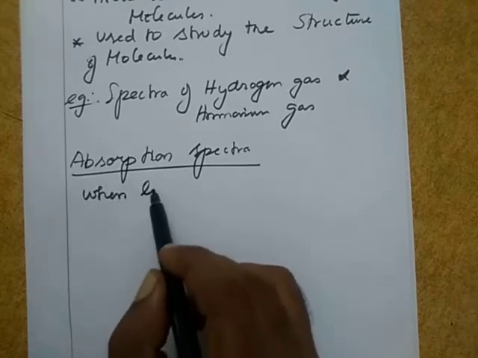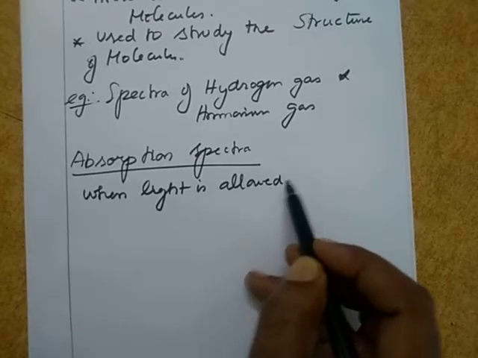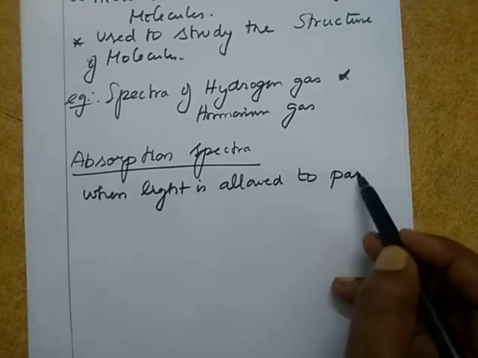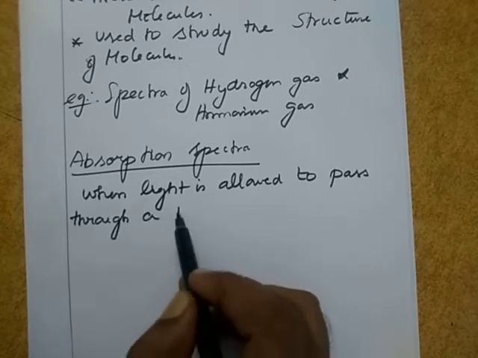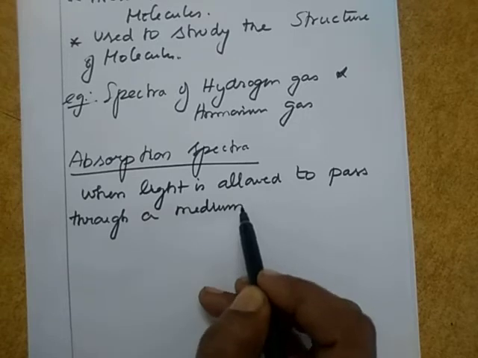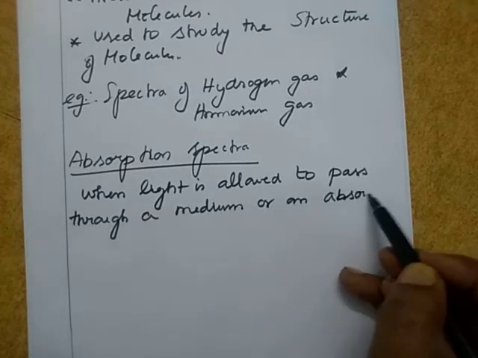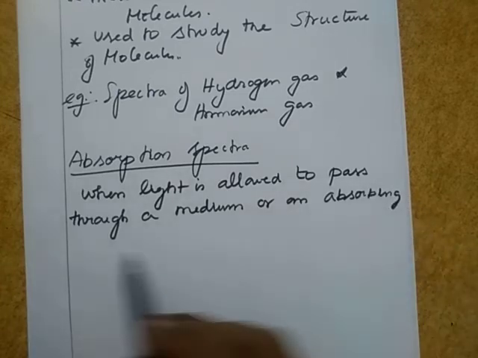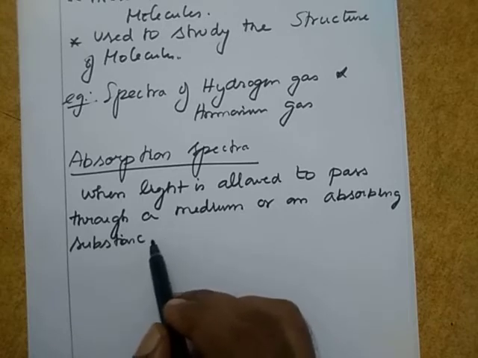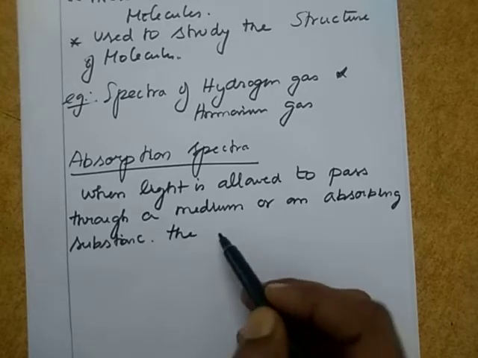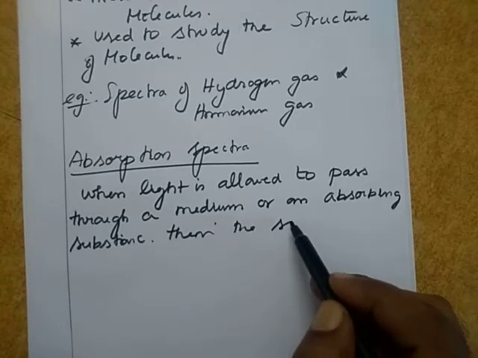When light is allowed to pass through a medium or an absorbing substance, then the spectrum obtained is known as absorption spectra.